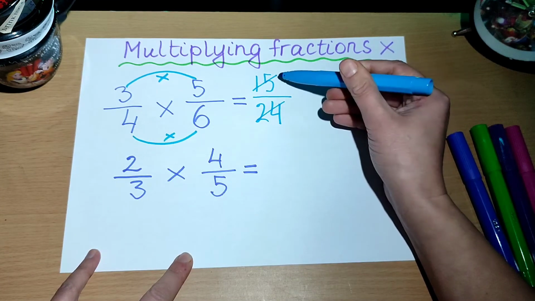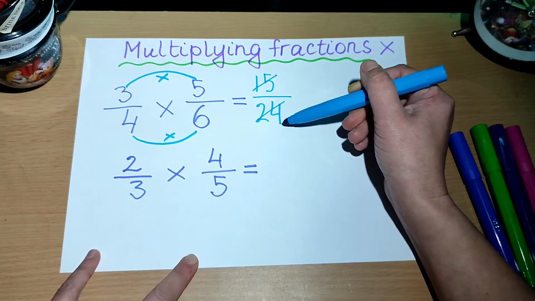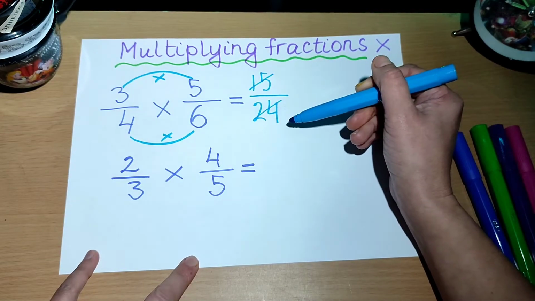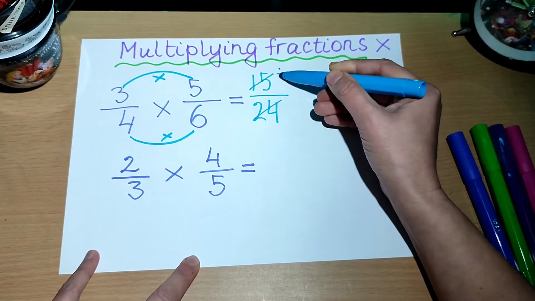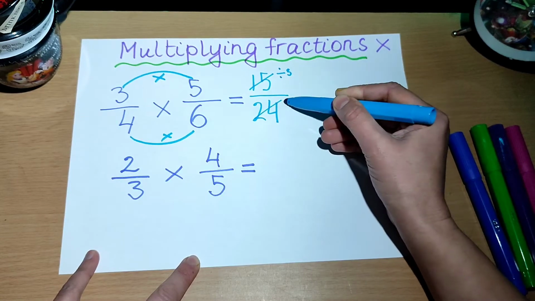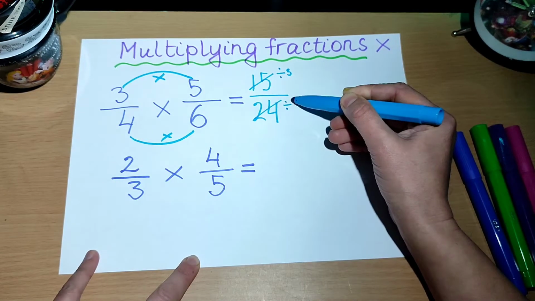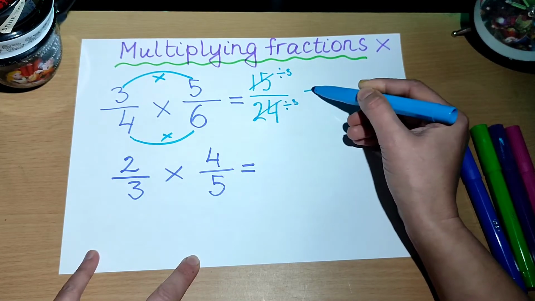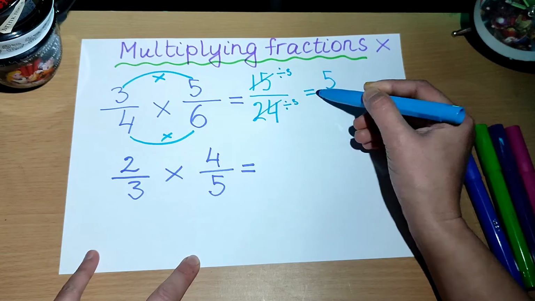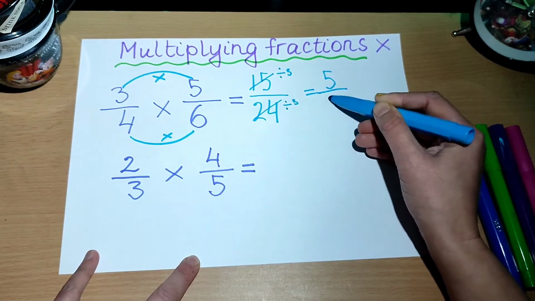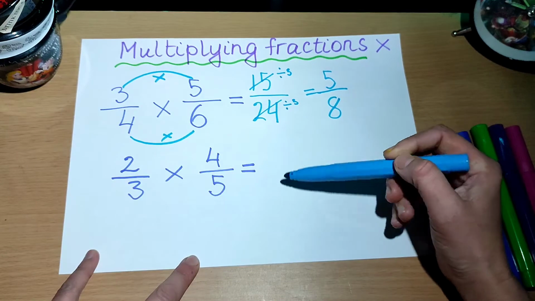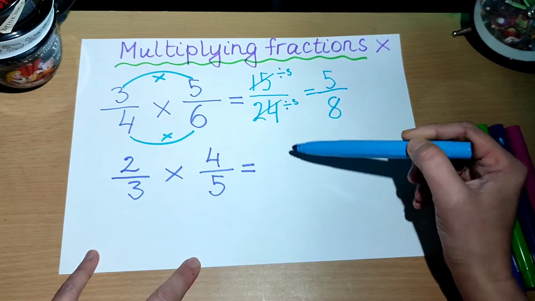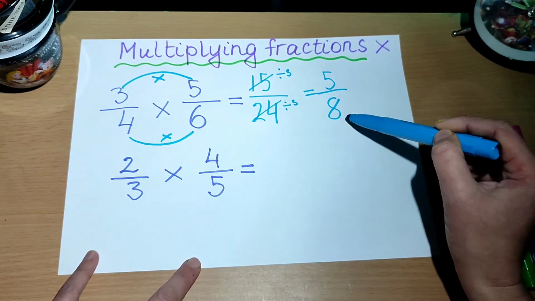Oh, I know that 15 and 24 are both multiples of 3, so I can divide 15 by 3 and 24 by 3. 15 divided by 3 is 5 and 24 divided by 3 is 8. So I simplified my 15/24 and now it's 5/8.